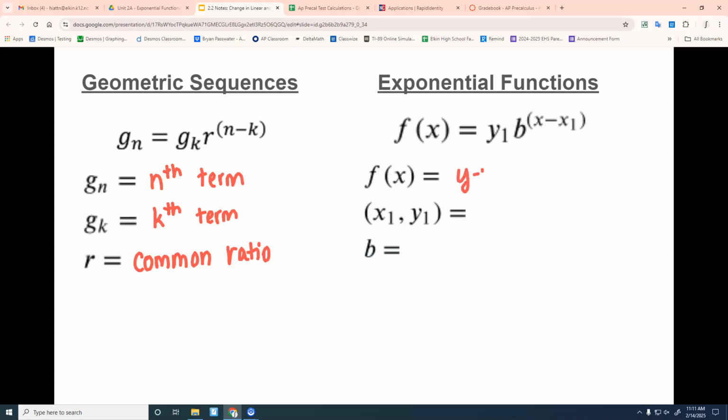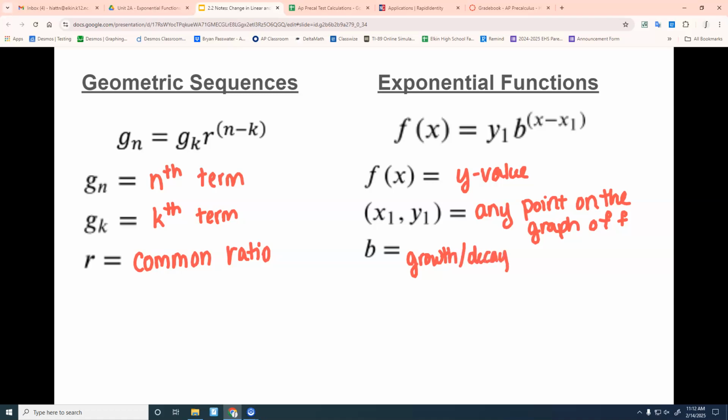This would be your y value. x1, y1 is any point on the graph of f. And b is still your growth or decay factor.